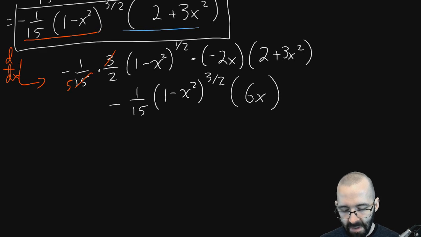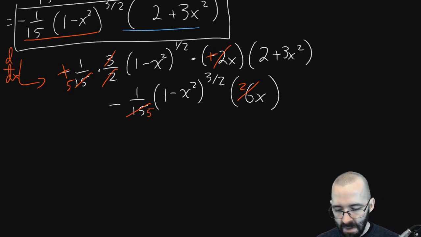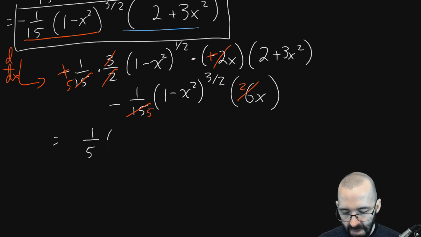This becomes negative 1/10. Oh, nope, because that cancels. Oh, and the negatives cancel. The second one, this cancels to a 2, and this cancels to a 5. There's a lot going on here, but numerator is just 1/5.